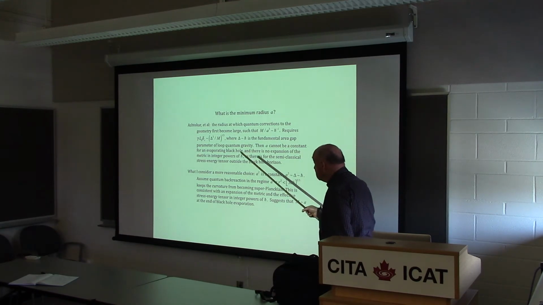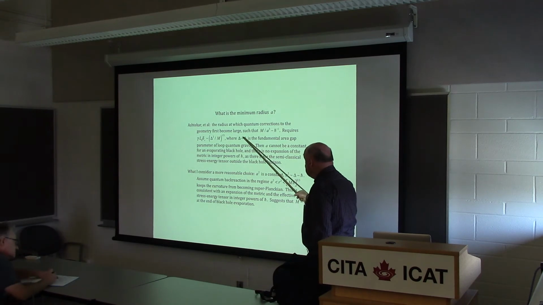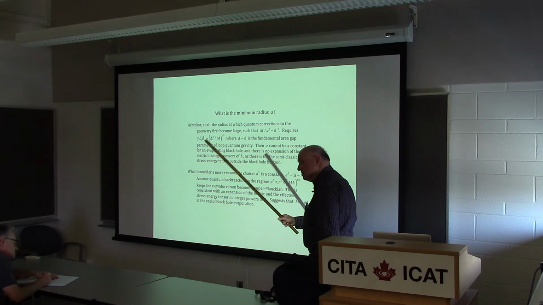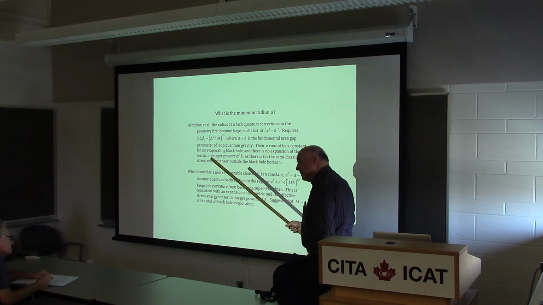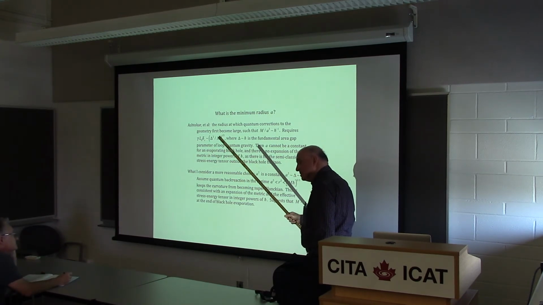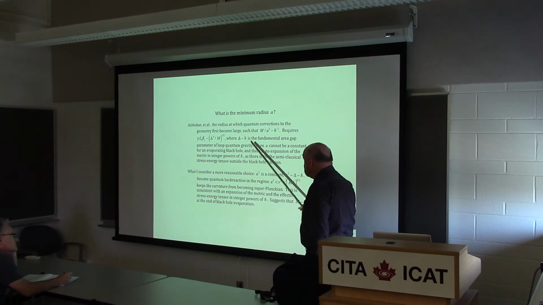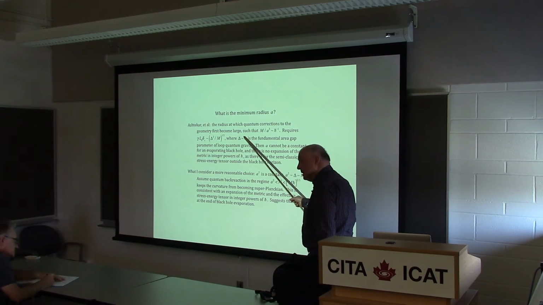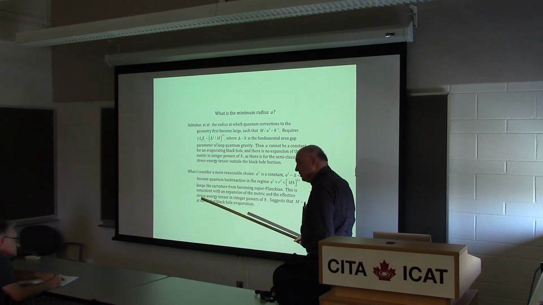And the point is, there's a basic parameter in loop quantum gravity which represents what they call plaquettes of area, and the minimum size of those plaquettes is, they assume, something of order h bar, and is some parameter delta, which they call the area gap parameter.